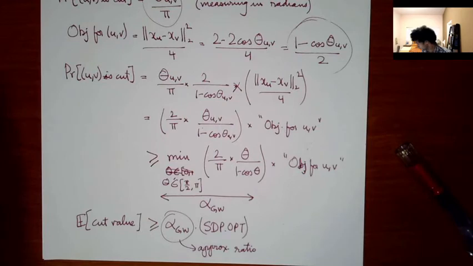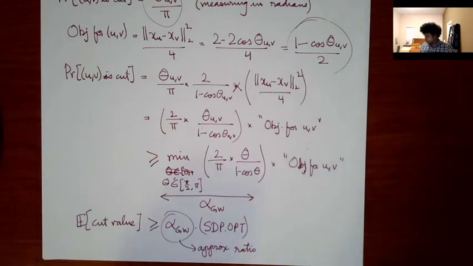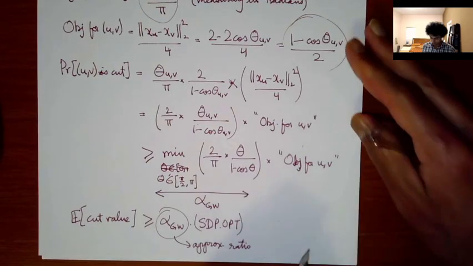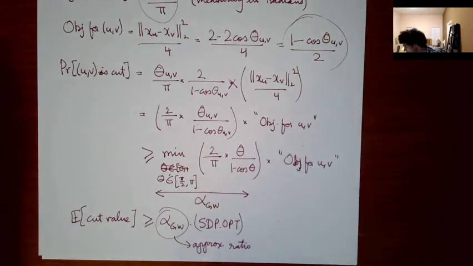Okay, Zoom seems to have frozen on me, which is annoying. You can at least see my screen, right? You can see what I have over here. You mean your document camera, like what I'm writing. Yeah.